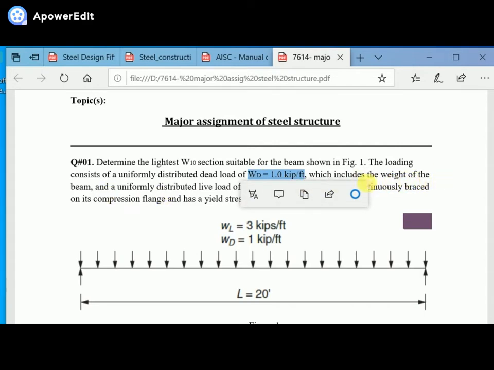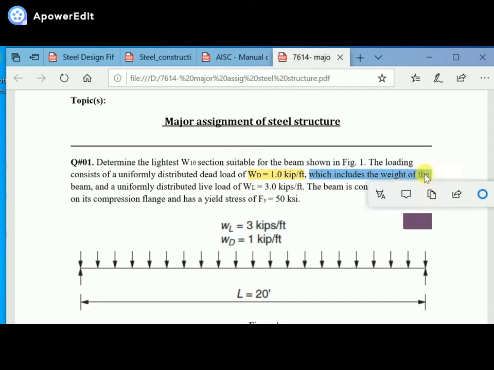Yes, this is a very important term. You should note this, the self weight of the beam, because whenever we are designing a steel beam, we have to include the self weight of the beam. So I will explain this in the design portion of the beam.